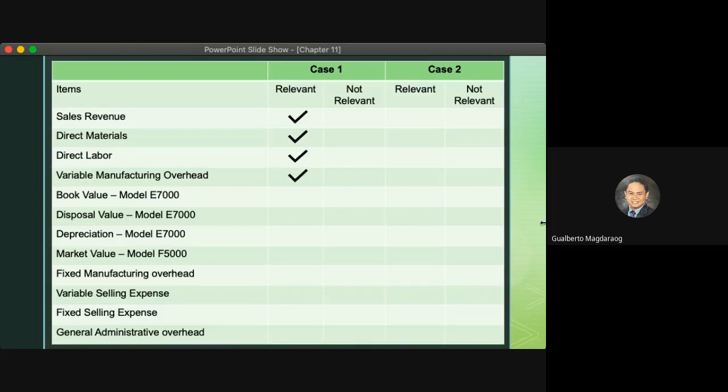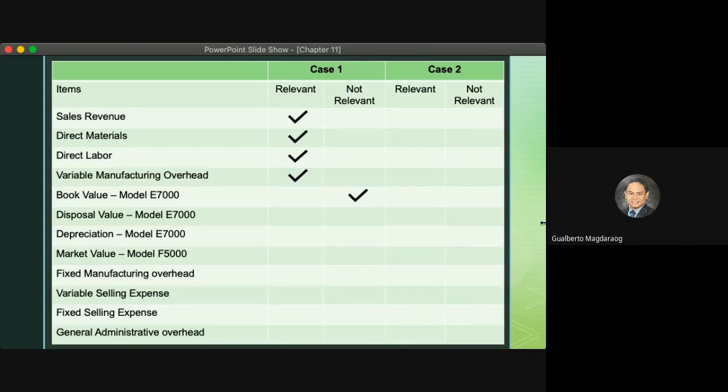Wala naman kasi hindi naman sinabi sa case na i-repair siya. It will still be used as is at full capacity. So I think walang magiging changes sa book value. Yung depreciation niya, hindi rin naman magbabago. Wala rin naman sinabi sa case na there's a change in estimate. Kaya book value will remain, therefore irrelevant or not relevant.